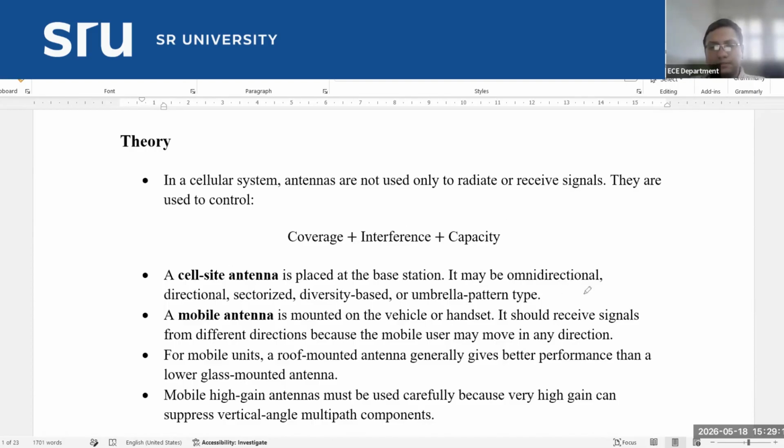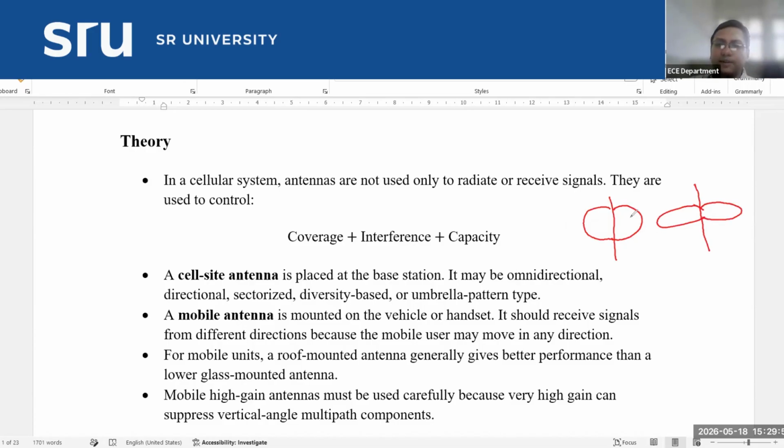But what happens if the mobile antenna beam widths are very narrow? Suppose in one case, the beam is like that. And when we increase the gain, the beam narrows down like that.